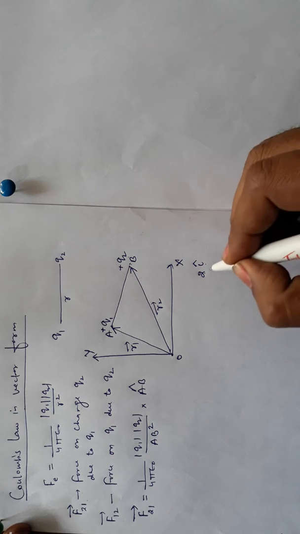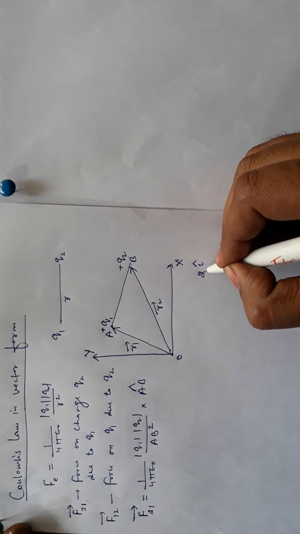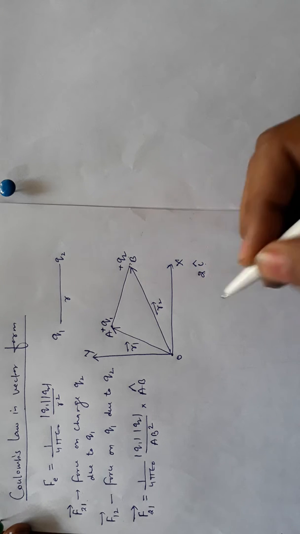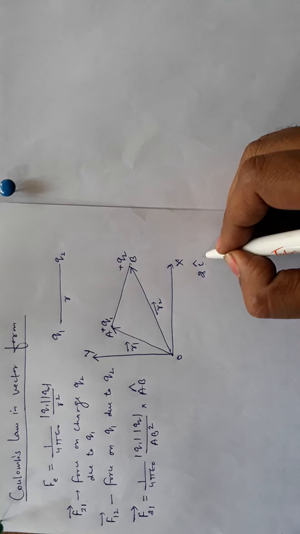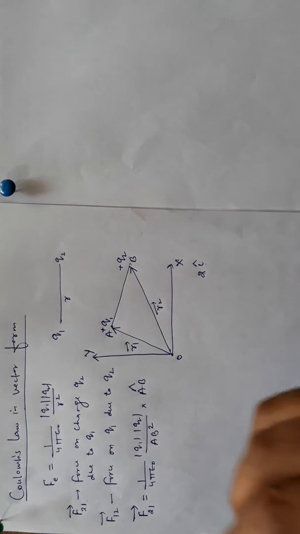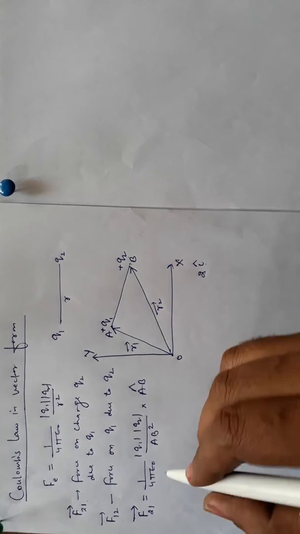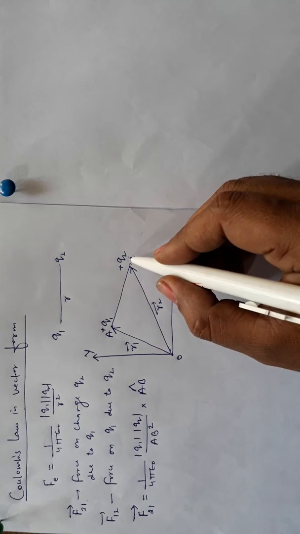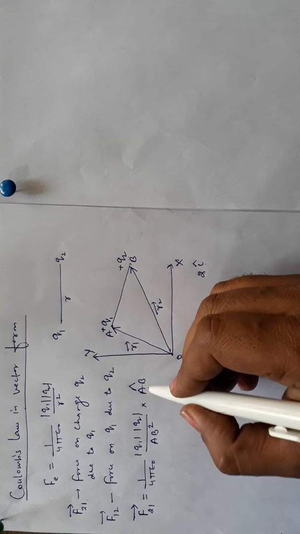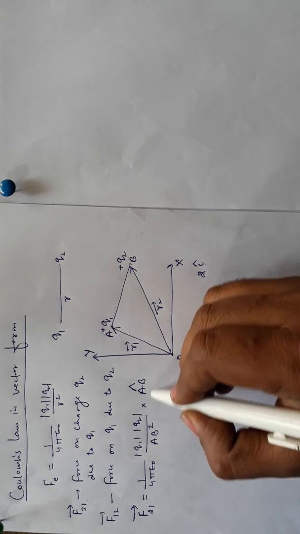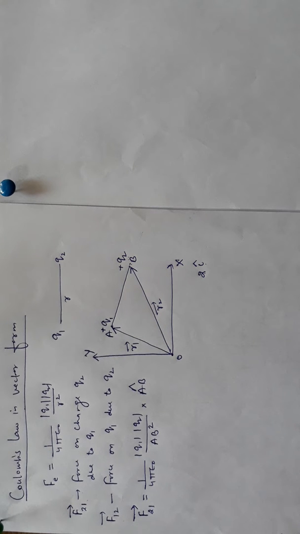That means we have magnitude 2 in the positive x direction. Similarly, to give direction to this force on Q2 due to Q1, let us multiply it by the unit vector of vector AB.